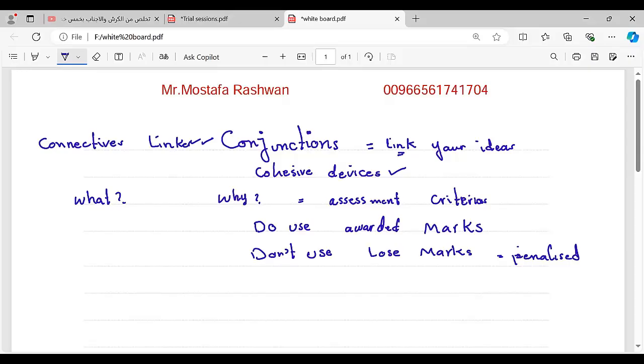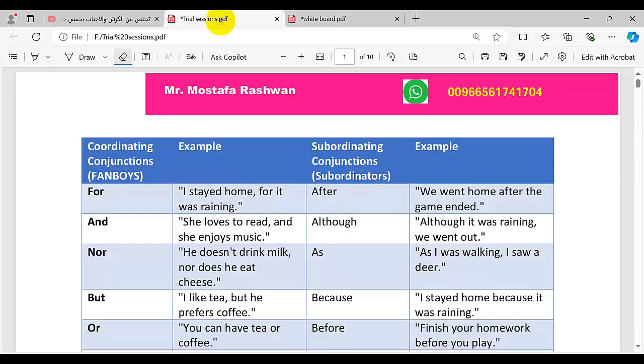It is easy to apply, so try to insert those conjunctions in your piece of writing. This is a very necessary rule for which you will be given marks or lose marks.